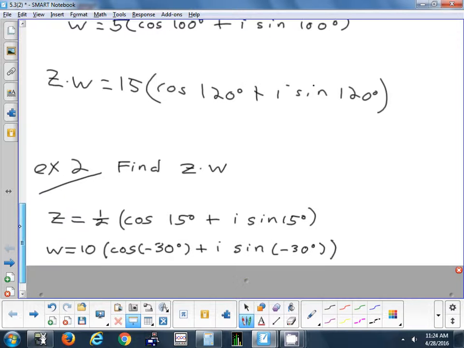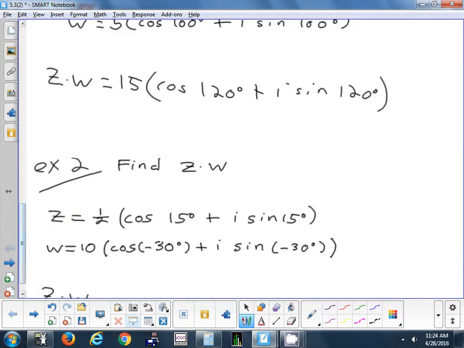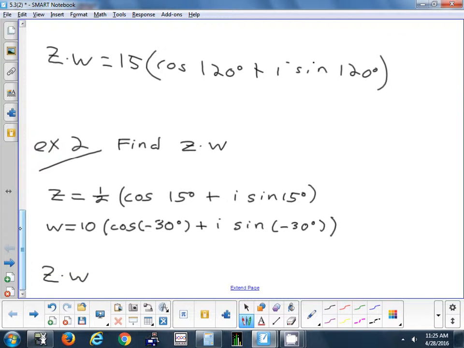All right, let's try this one. This time my first complex number is 1/2 cosine 15, i sine 15. Second one, 10 cosine -30, i sine -30. When I multiply those together, what is my radius? 5, yep.